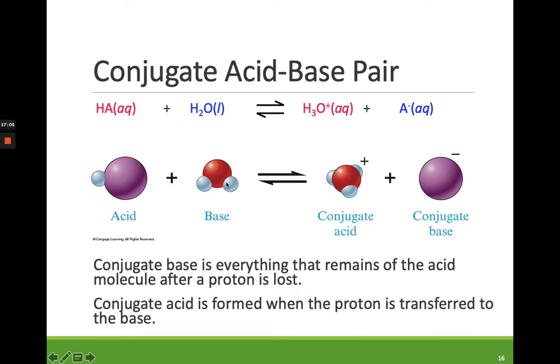So one proton, or one hydrogen atom, has been added to the water molecule, making it our conjugate acid, because later on, once the reaction reverses, it will be the acid, it will be the one to release the hydrogen atom.